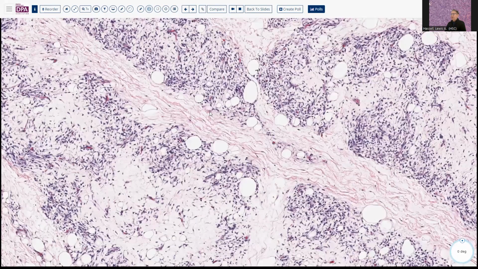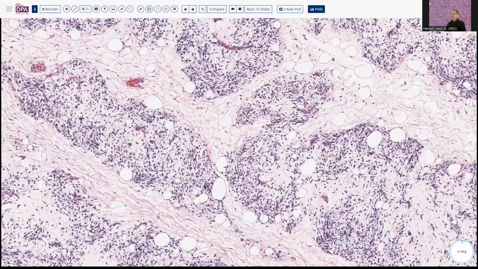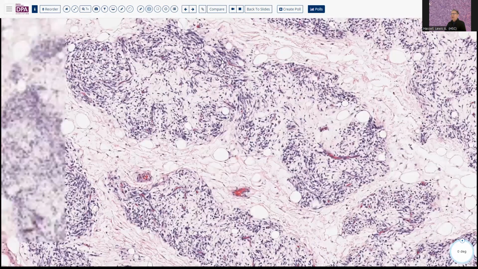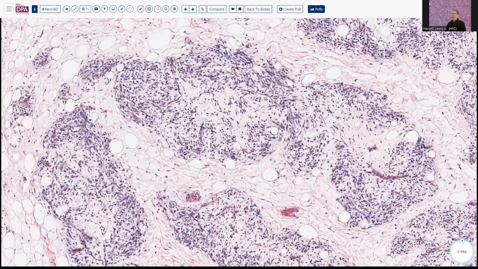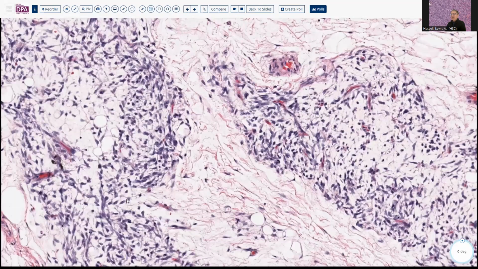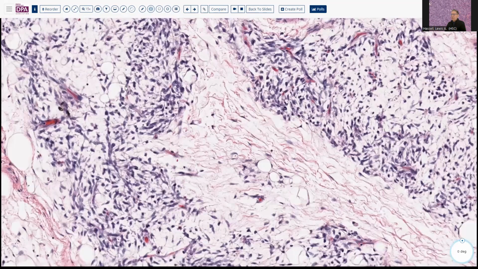And I'm not a pediatric pathologist, so I'm giving you some exposure to some of these things myself. At the same time, I'm learning and growing in my understanding. You can see the nodularity to it, and I think as we were to search around far enough, we might be able to convince ourselves that some of these cells have features of lipoblasts.